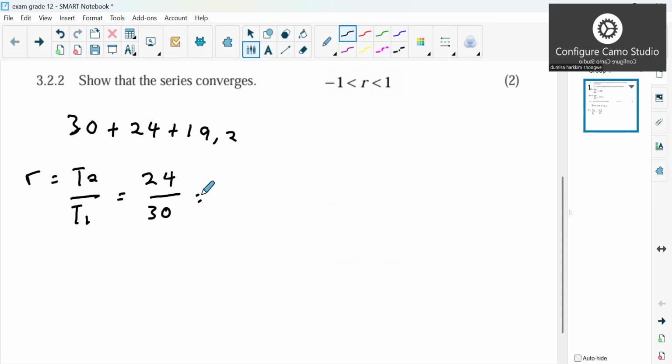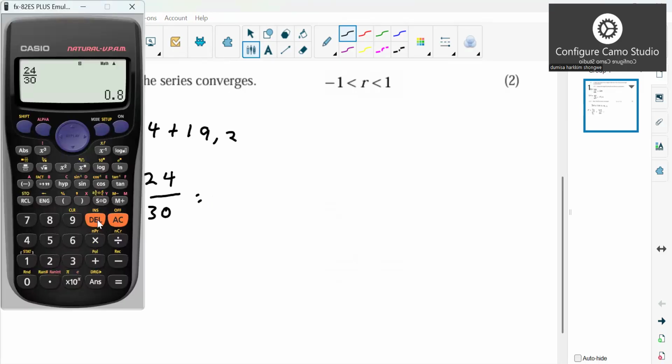Now, if you were to type this in your calculator, what do you get? It's 24 divided by 30. You can check it. It's 4 over 5.